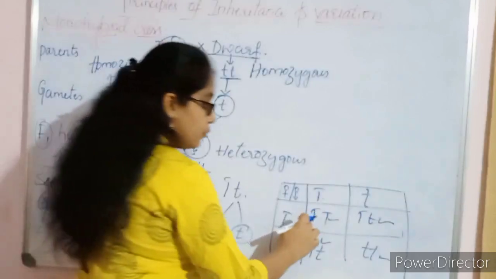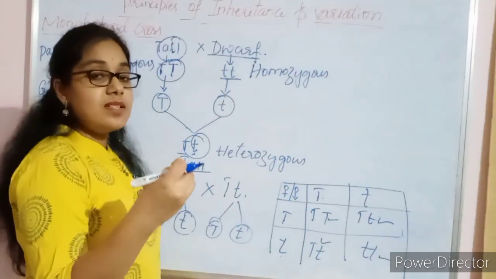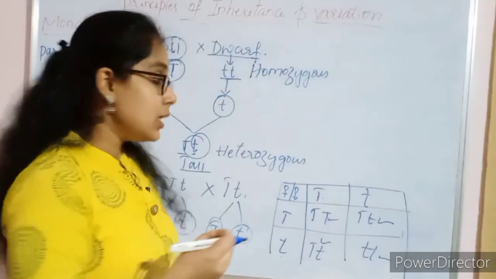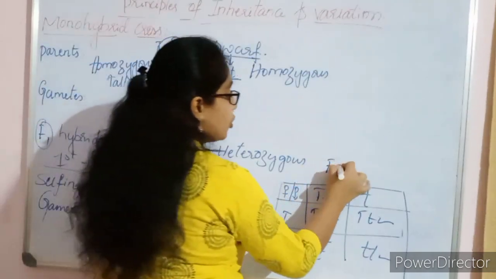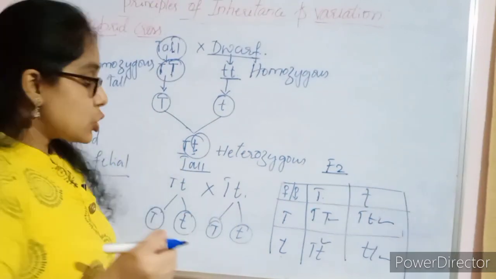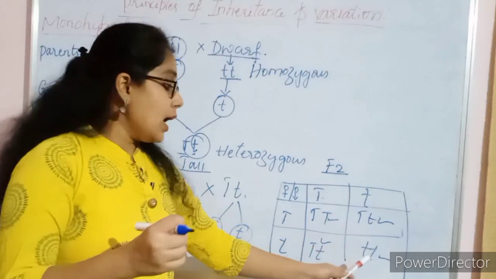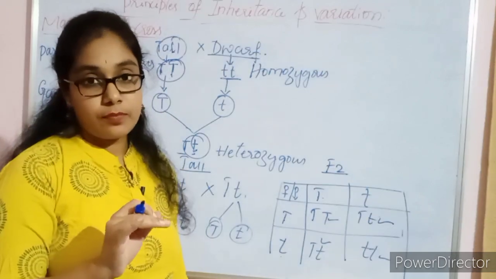Correct? So we have got 4 different offspring or individuals in the second generation, that is in the F2 generation, nothing but the second filial generation. Among those 4 individuals, 3 of them are tall and 1 is dwarf.